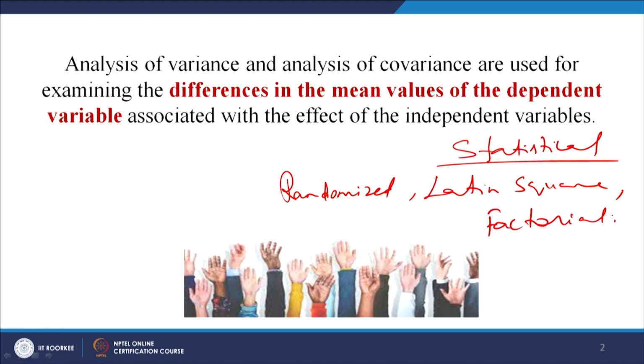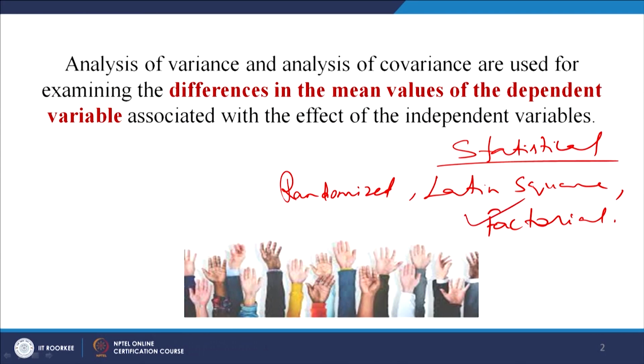These experimental designs are helpful when the researcher wants to know the effect of an independent variable on a dependent variable. Statistical designs are very helpful, especially in the case of factorial design.